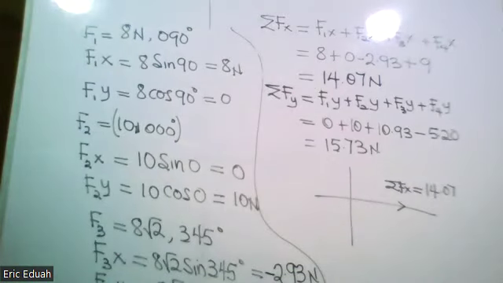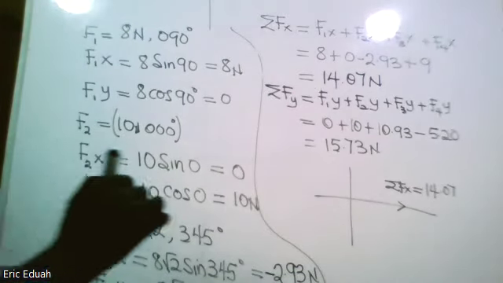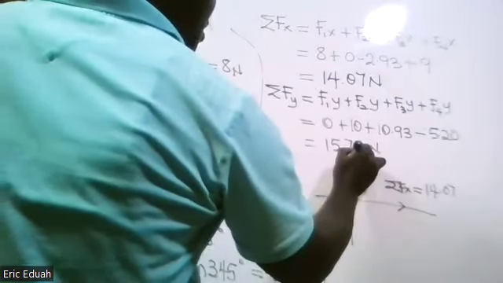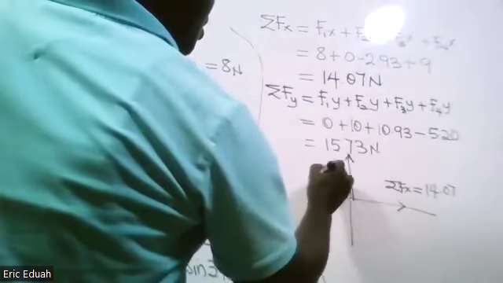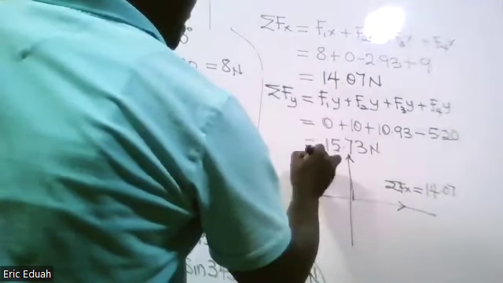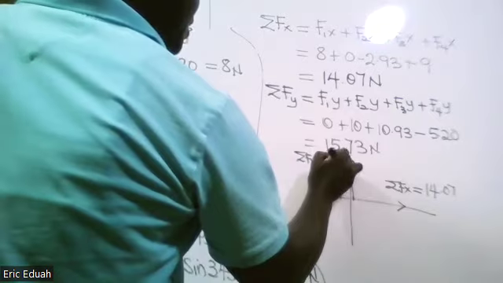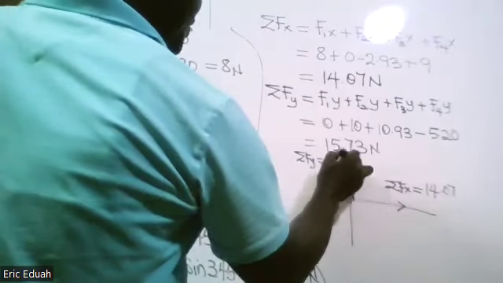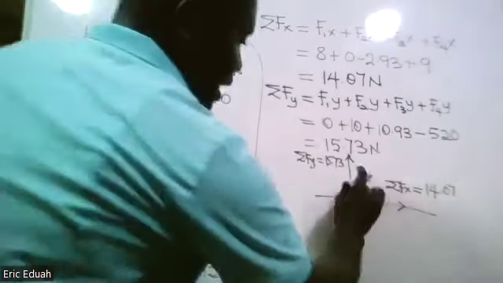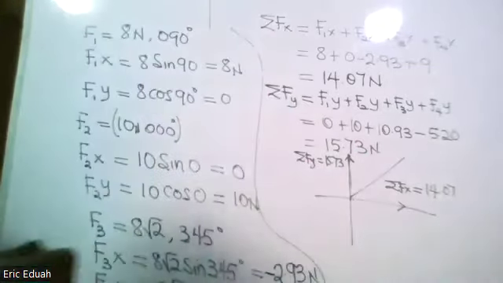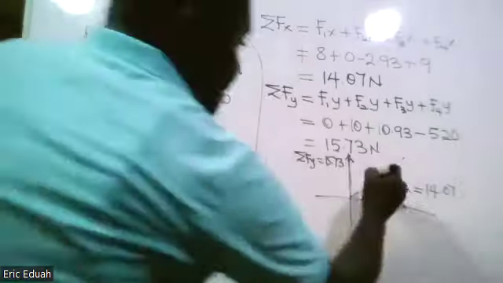Summation f of y is also positive, which is 15.73, implying that the resultant would act along the diagonal here.